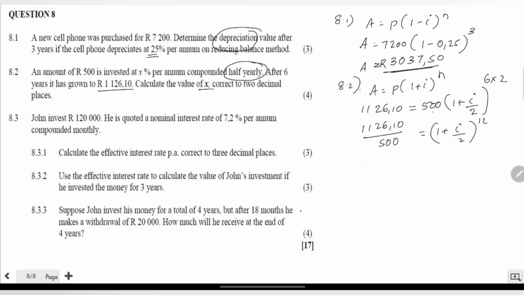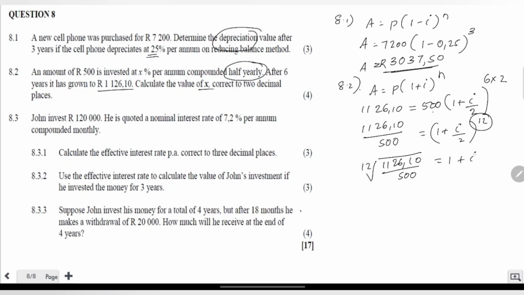So the 12 will be the 12th root of, this is a power of 12, okay? When it comes this side, it is either the 12th root or the whole thing to the power 1 over 12. You can go by anything that you like. So I'm just using the 12th root of 1,126.10 over 500. This is just a simplification.